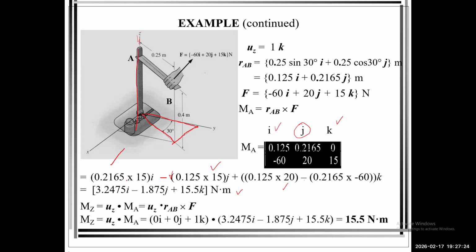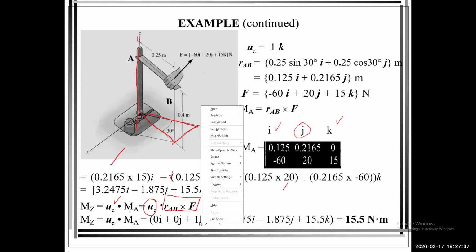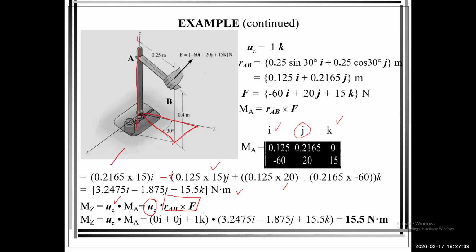I think we had it. So we get your unit vector along the Z times MA, which you found a while ago. So you found this, you need to find that. So this is 0, 0, 1K, yeah? Always 1K for that unit vector. And therefore you dot it with this one. To dot it with this one is going to be 0 I times 0 I.